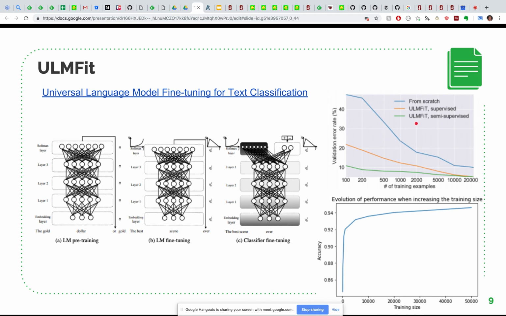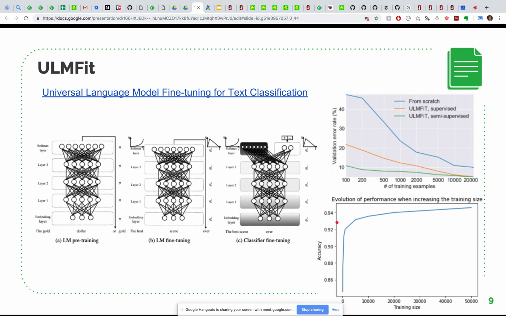Whereas using ULMFiT with fine-tuning, semi-supervised meaning you fine-tune the language model on the IMDb dataset, you see that even with 100 reviews, you already get the same result as with 20,000 reviews with a from-scratch model. So this is really great for few-shot classification.